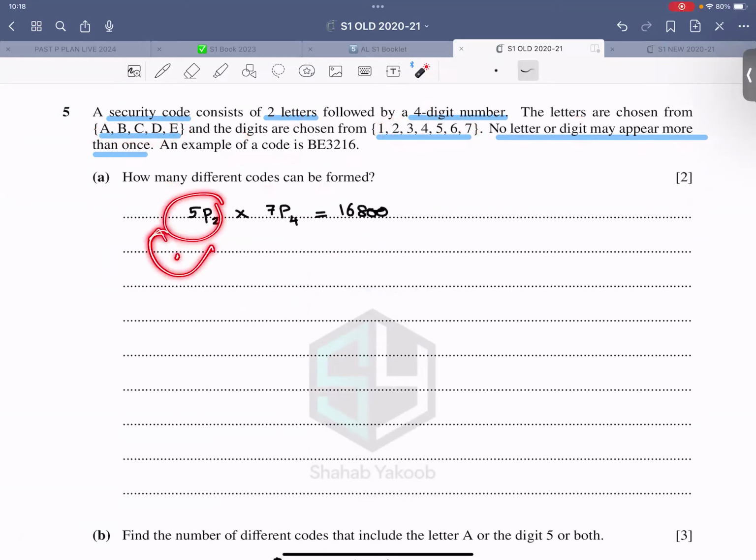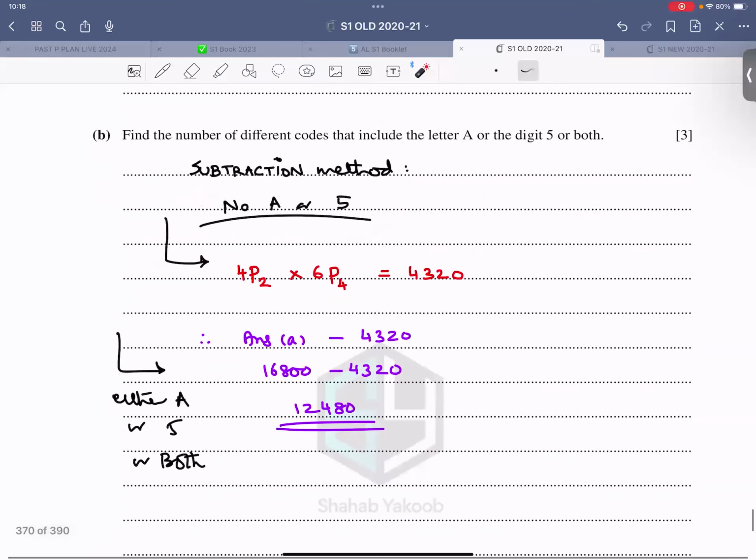2 out of 5 for the letters, 4 out of 7 for the digits. Simply multiply. Find the number of different codes that include the letter A or the digit 5 or both. The easiest method is the subtraction method. Choose a possibility which does not include A and does not include 5.